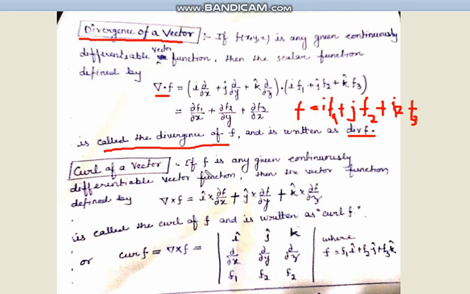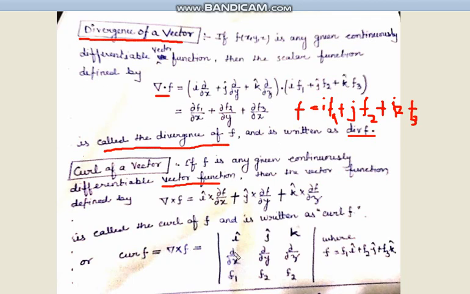Similarly, if F is any given continuously differentiable vector function, then the vector function defined by ∇×F is equal to the determinant with rows i, j, k.